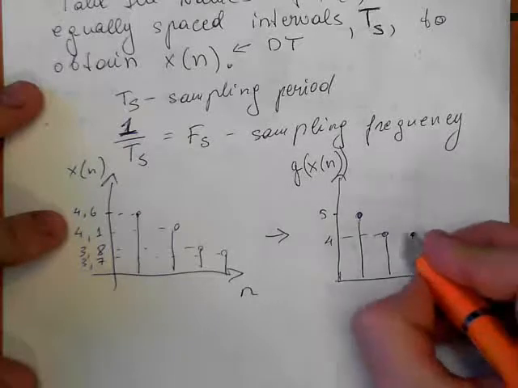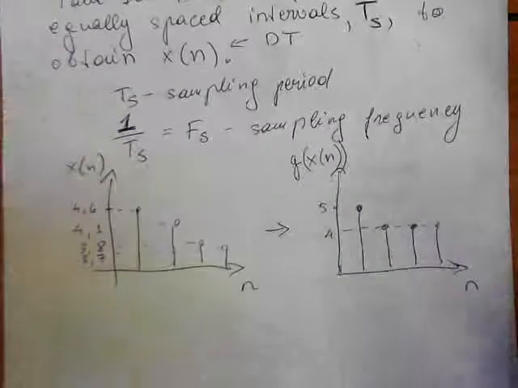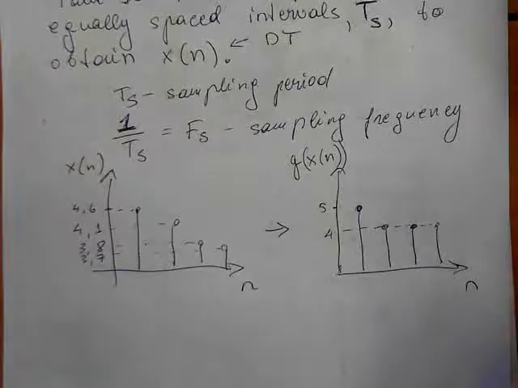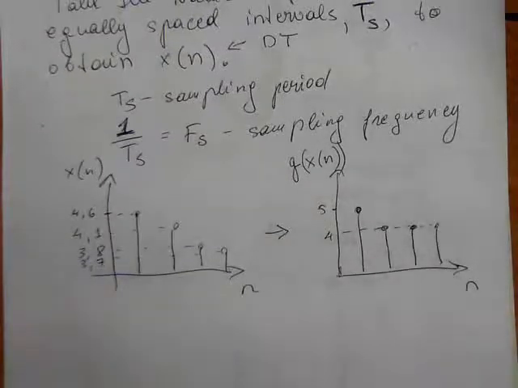And 3.7 gets the value also 4. So in this example they all get rounded. You can find a better example in the book in the end. Here is just a short reminder of what we have learned.